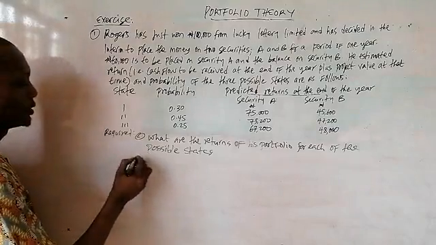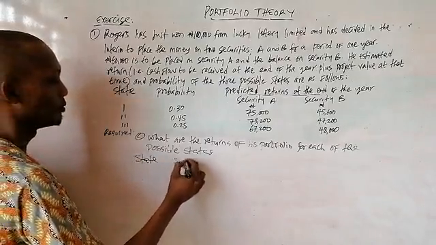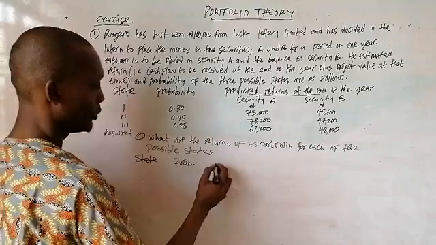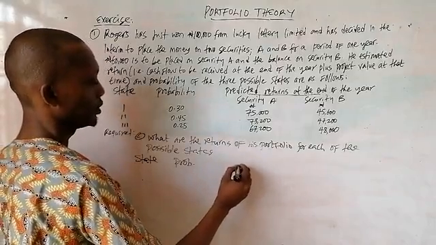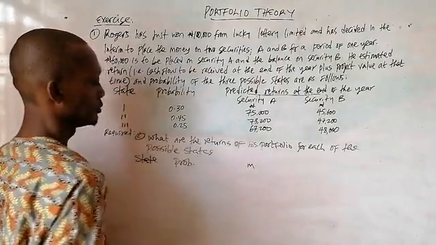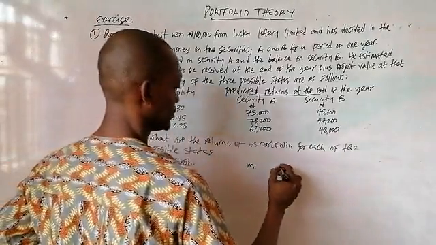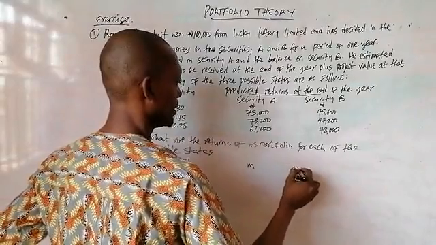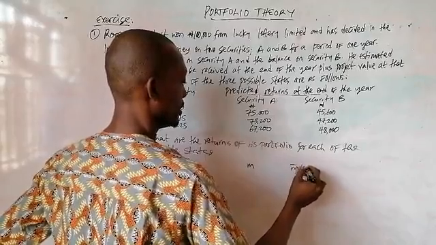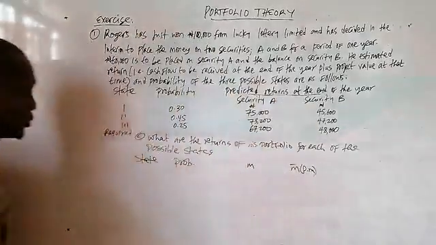So state 1, we have our probability, we have the return as a portfolio. Let's symbolize the portfolio with M. So we now have the expected return, let's call that M bar, which is P times M. So we have it like that.